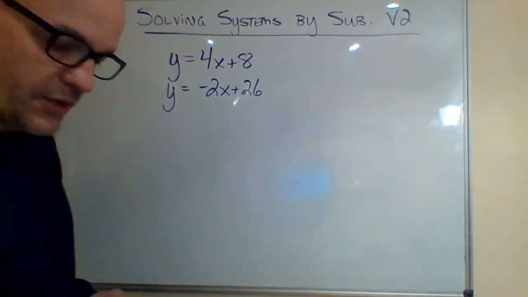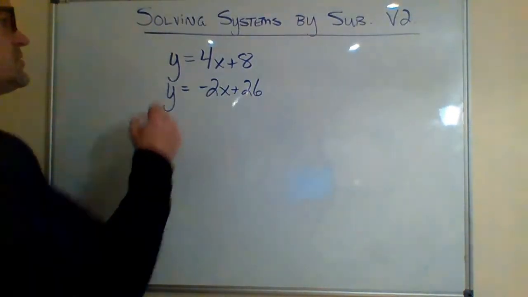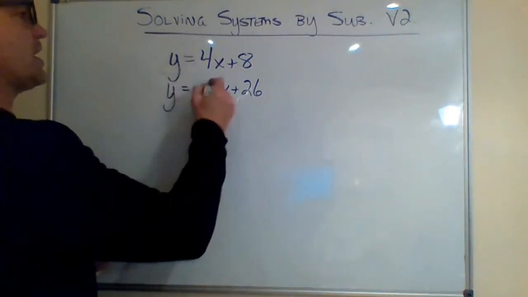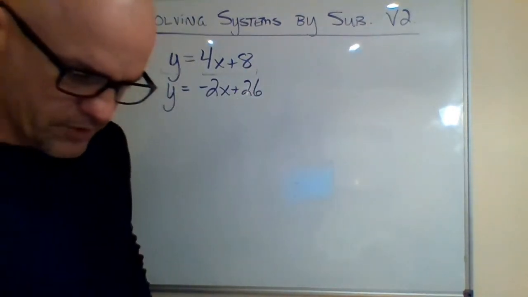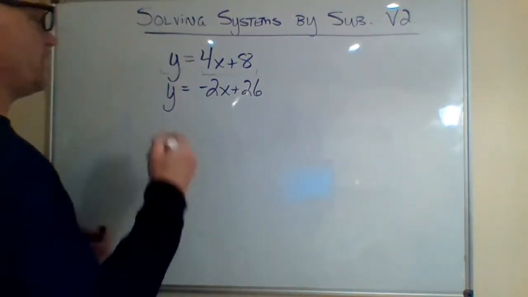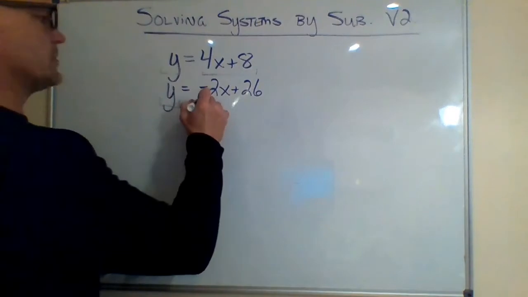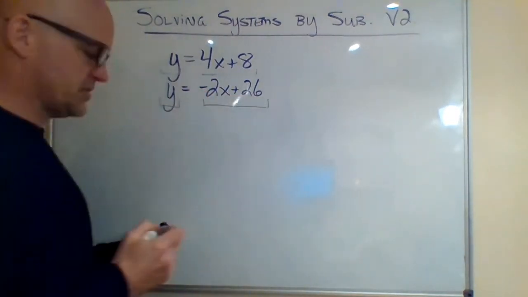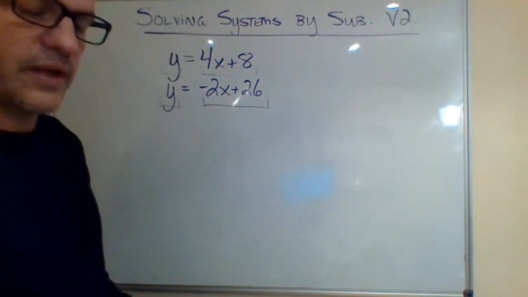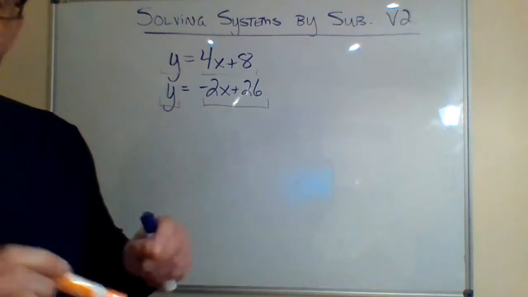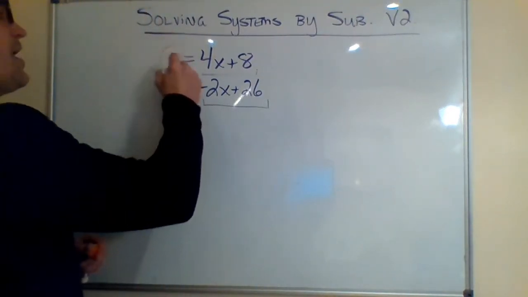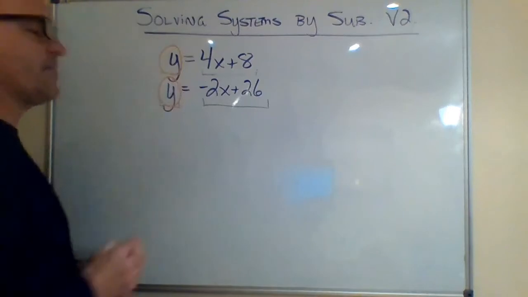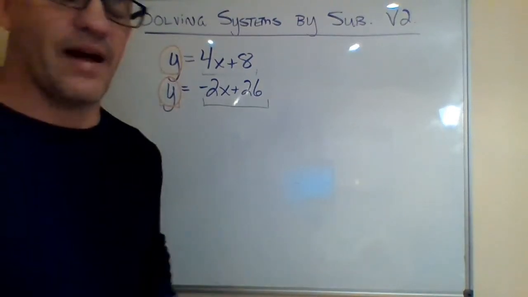So the first thing we're going to say is, this y equals this 4x plus 8, and we know that this y equals that negative 2x plus 26. What we're doing is looking for that point that they share. So at that point, this y and this y have the exact same value.